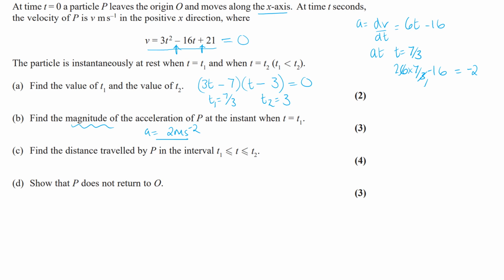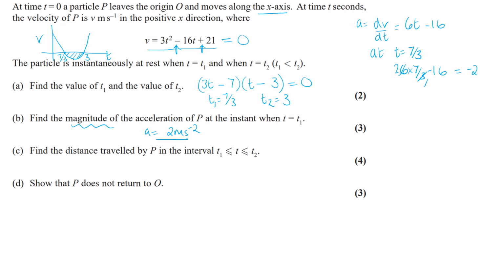Now for part C, the distance travelled. If we think about the velocity time graph, so from t equals 0, we're going to get our quadratic that's going to come down like this. Now where we found this has its roots and the velocity is equal to 0 was at 7/3 and 3, and we're trying to find the distance travelled. So when you have the velocity time graph, the distance travelled is the area under the curve.